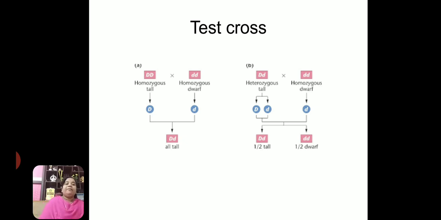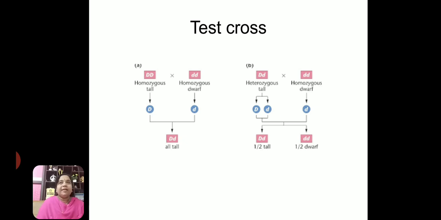So when the F1 is crossed with the homozygous dwarf, if the F1 is homozygous dominant, then we never get a dwarf individual in the F2. But here we get one tall and one dwarf.